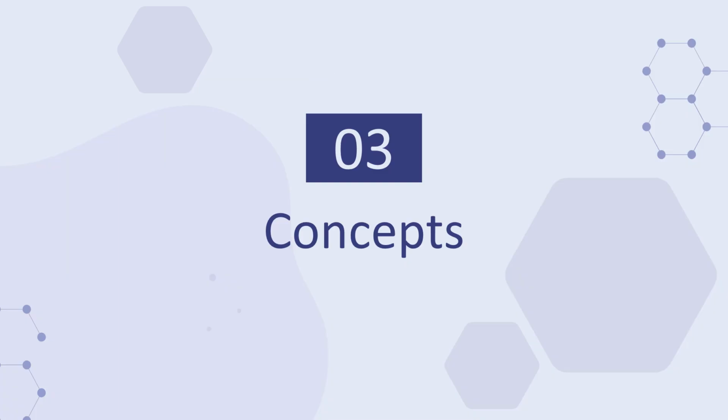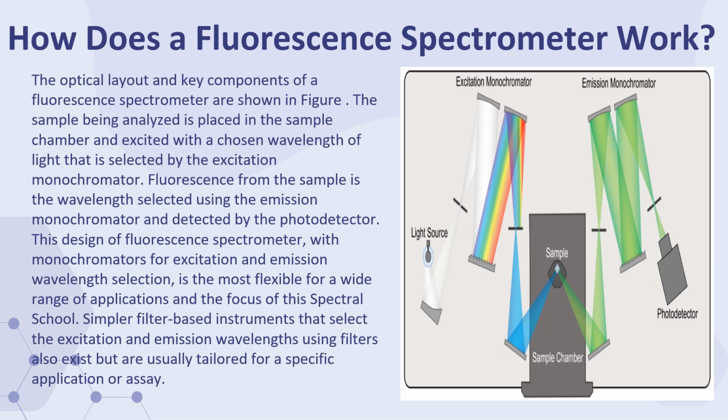Concepts of fluorescence spectrophotometer. How does a fluorescence spectrophotometer work? The optical layout and key components of the fluorescence spectrophotometer are shown in the figure. The sample being analyzed is placed in the sample chamber. This is the sample chamber, and it is excited with a chosen wavelength of light that is selected by the excitation monochromator. This is the excitation monochromator.